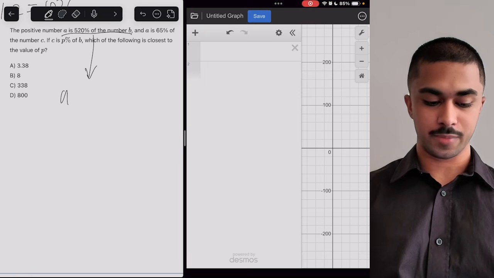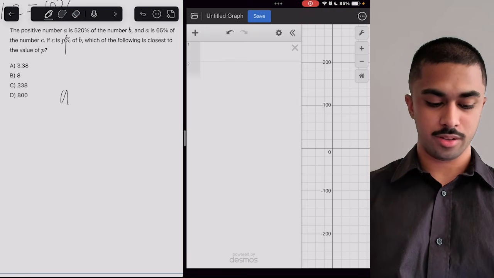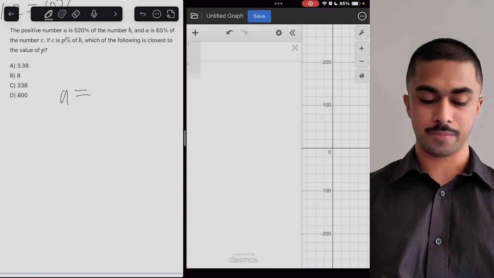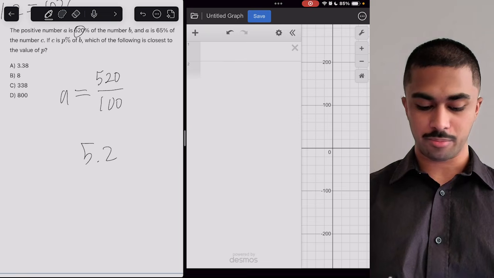So let's just translate this into an equation, word for word. A goes down to A. Is is always an equal sign. 520%. Anytime you see percent, just take the number and divide it by 100. Please don't write 5.2.